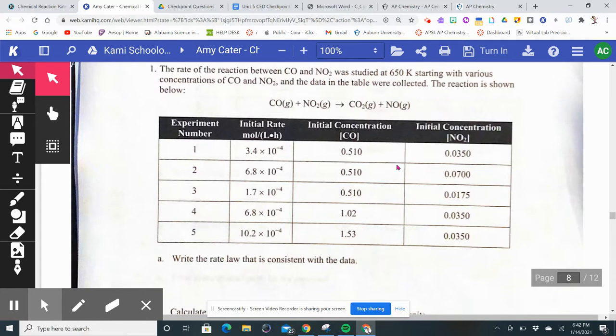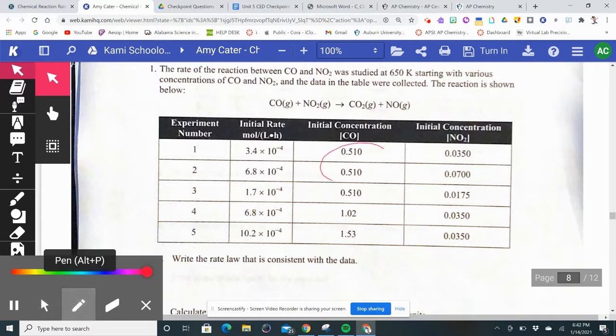So for the first one, in experiment 1 and experiment 2, the concentration of CO is constant, which we can see right here, and the concentration of NO2 is doubled. Here's your initial rate for experiment 1, experiment 2, and here's your initial concentration. The concentration is doubled. So if the rate doubles in response, the reaction has to be first order with respect to NO2.